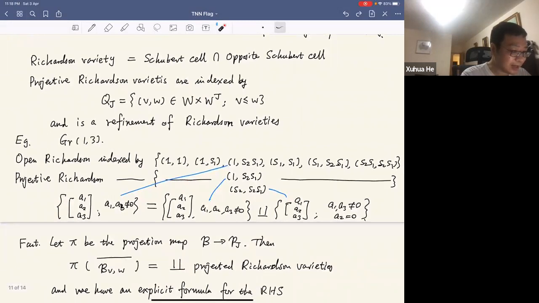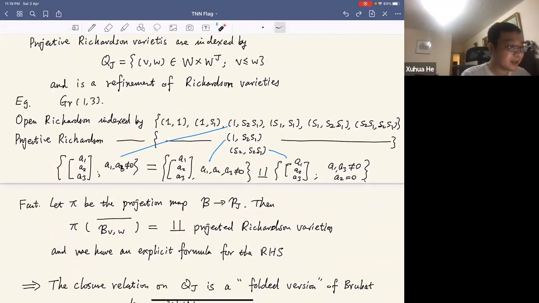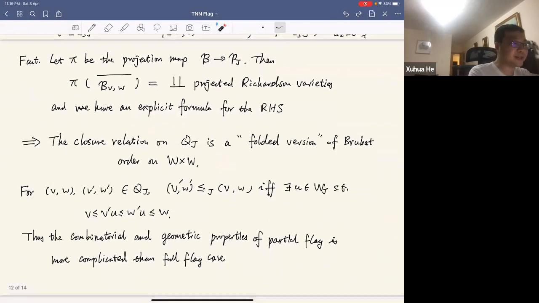Another reason why we are more interested in the projective Wilson variety than the open Wilson variety is that if you look at this projection map from the full flag to the partial flag, and you take the closure of the open Wilson variety in the full flag and look at its image, then the image in general cannot be a union of the Wilson varieties, but the image is always a union of the projective Wilson varieties.